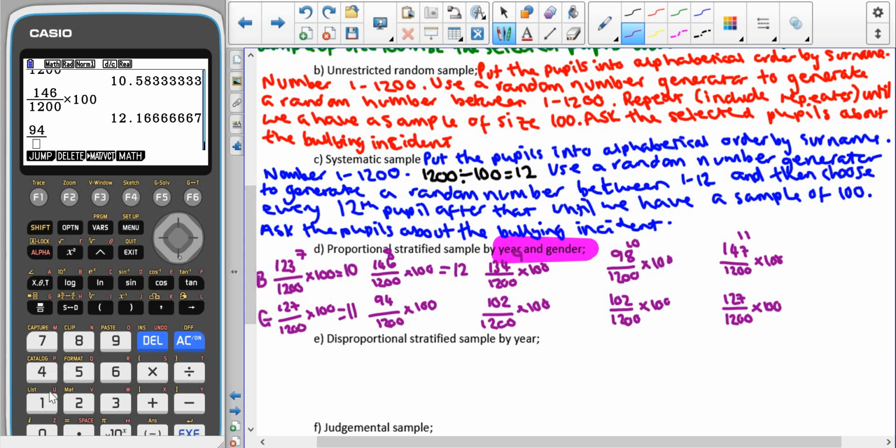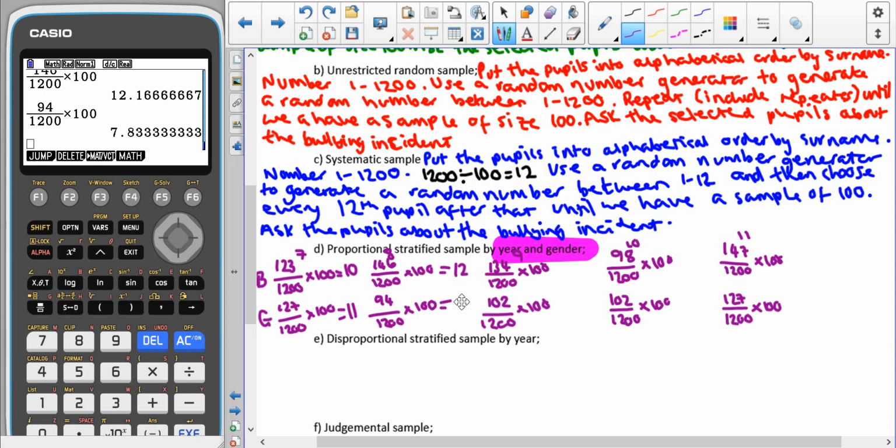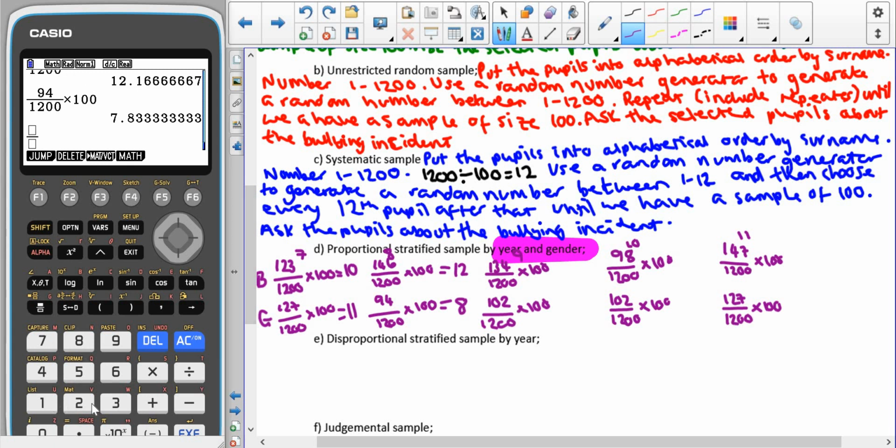Then 94 divided by 1,200 times 100, which gives us 7.8. That's 8 girls from year 8. Then 134 divided by 1,200 times 100, which gives us 11.